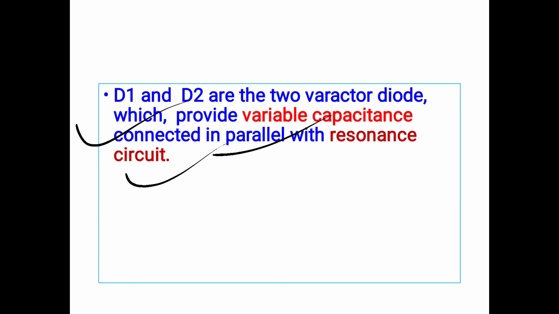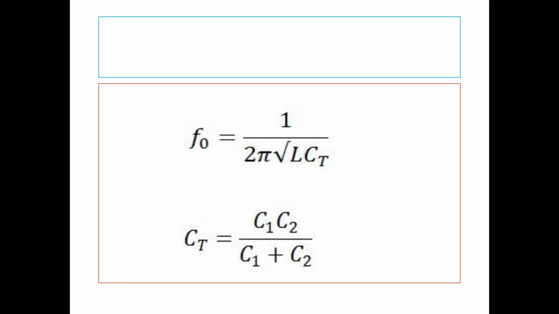D1 and D2 are the two varactor diodes which provide the variable capacitance connected in parallel with the resonant circuit. Here F0 is the frequency of the resonant circuit, which is equal to 1 by 2 pi root L into Ct. Here Ct is the equivalent capacitance of the two varactor diodes, which is equal to C1 into C2 upon C1 plus C2. So this is going to give our resonant frequency.